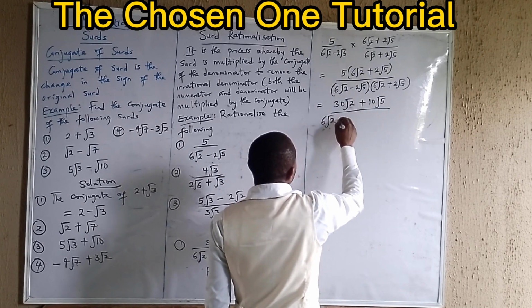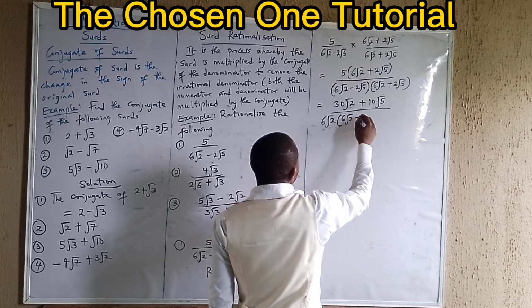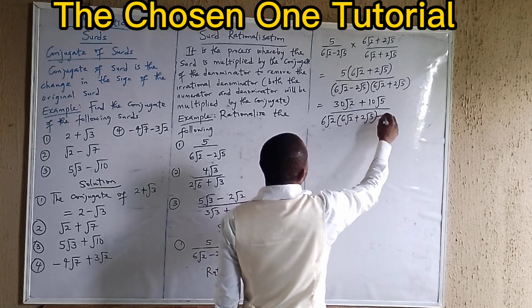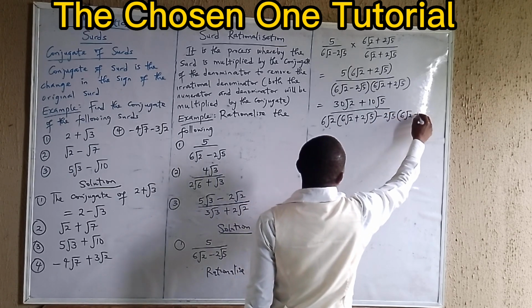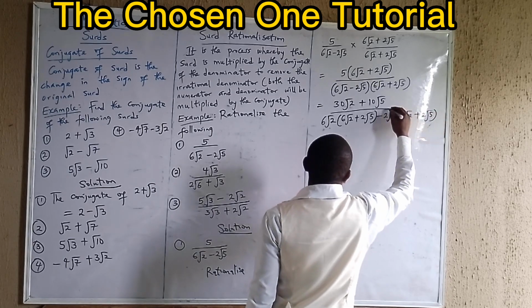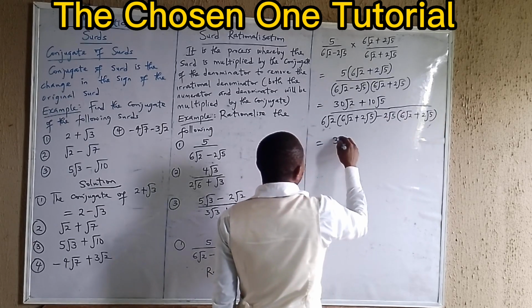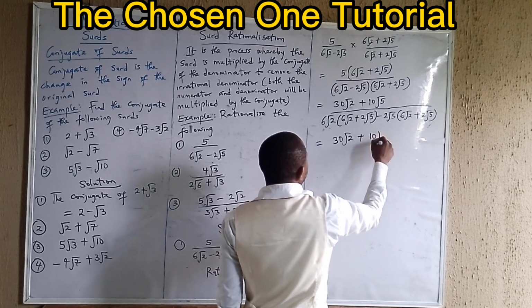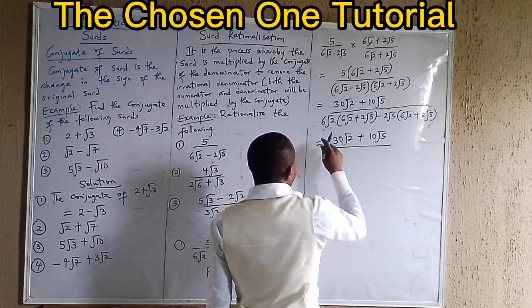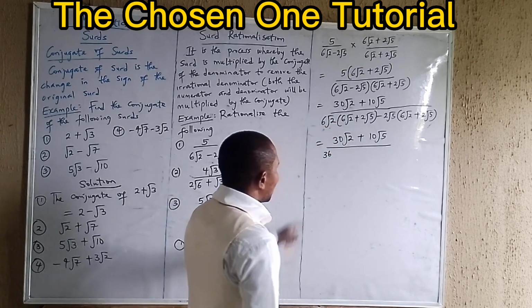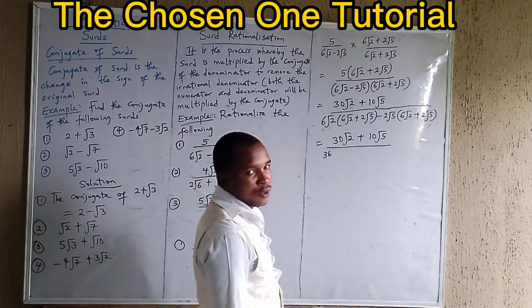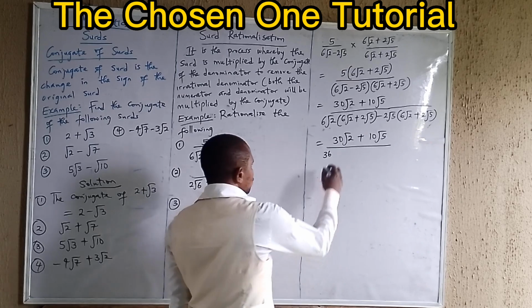We are going to have 6 root 2 in bracket of 6 root 2 plus 2 root 5, minus 2 root 5 in bracket of 6 root 2 plus 2 root 5. Then we are going to have 30 root 2 plus 10 root 5 over 6 times 6, that will give us 36. And root 2 times root 2 gives root 4, which will give us 2.